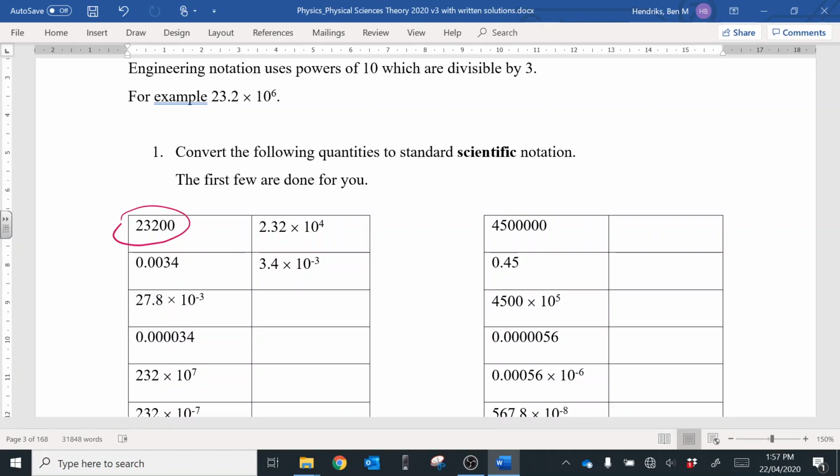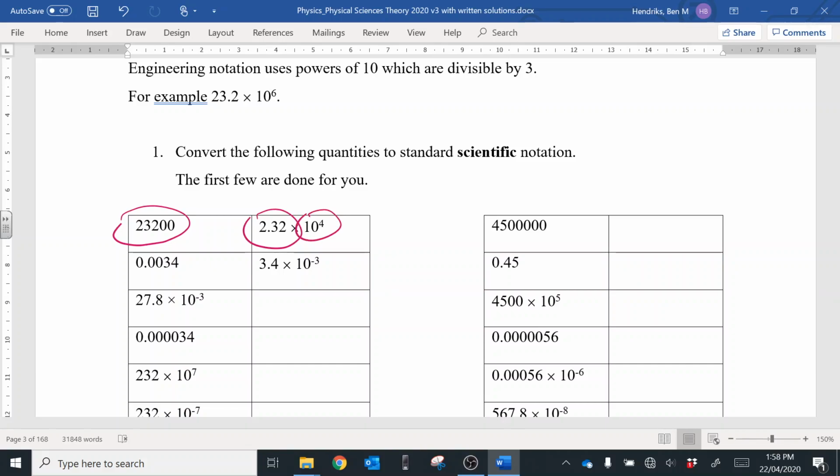Whenever I'm converting numbers from their normal form to scientific notation, I like to think of how I would get back from the scientific notation to the original number. If we start off with this 2.32, we need to times it by 10,000 to get it back to 23,200, and 10,000 is expressed this way, times 10 to the 4.